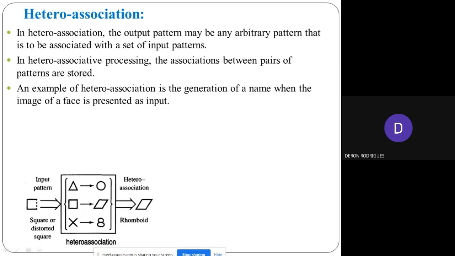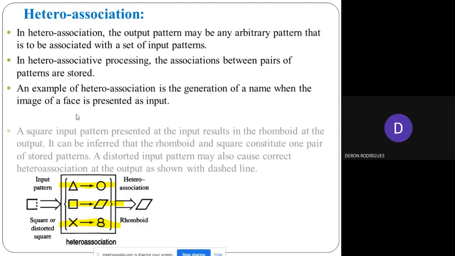Say for example here, which I had already taken in the previous slide, the triangle is mapped to the circle, the square is mapped to the rhomboid, and the X pattern is mapped to the figure of 8 pattern. So this is called the association. There is already an association between the pairs of patterns which are stored.